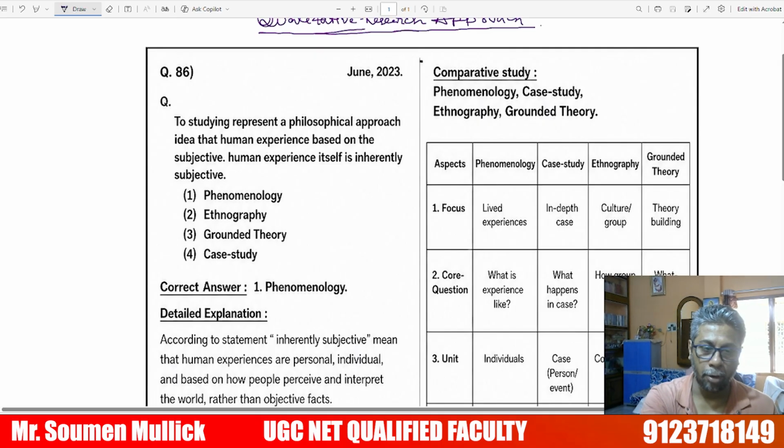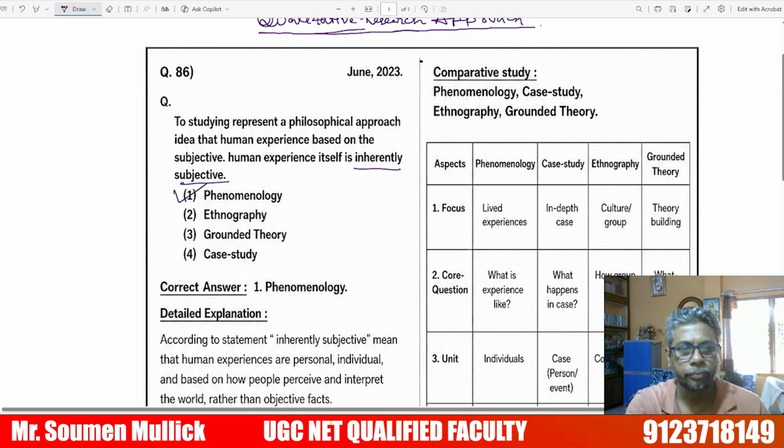The correct answer is phenomenology, because it is based on experience and subjectivity, a philosophical approach of research where human experience is subjective.